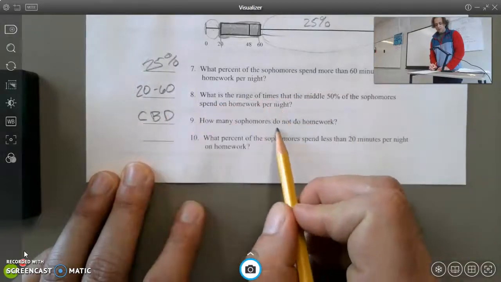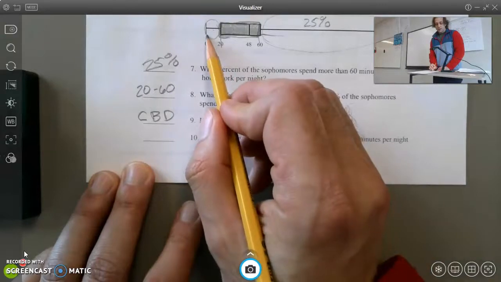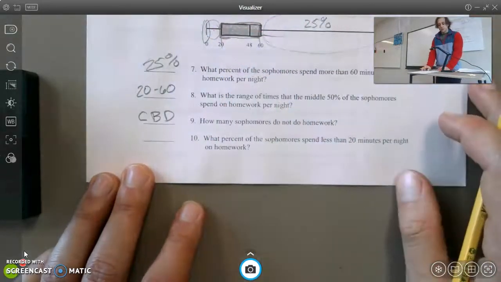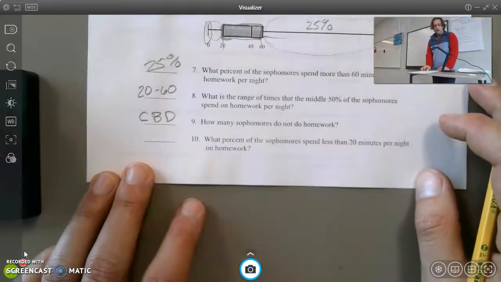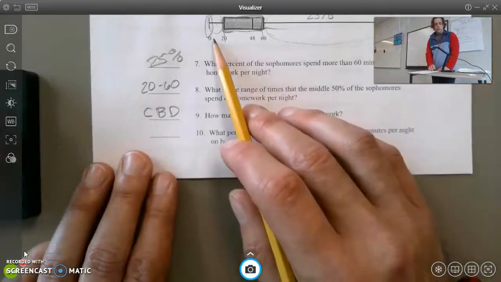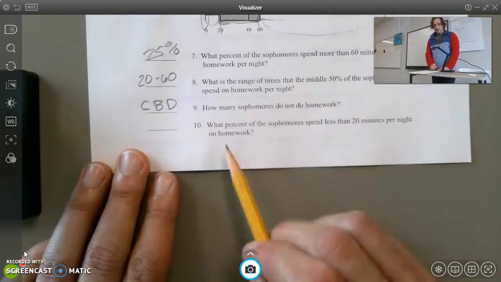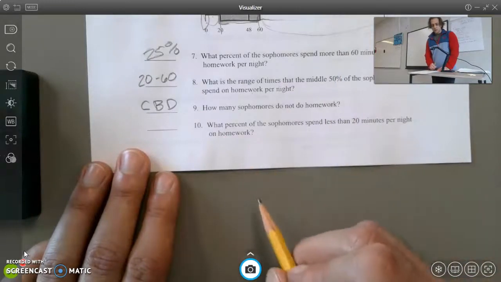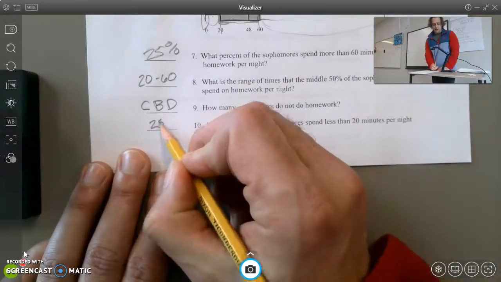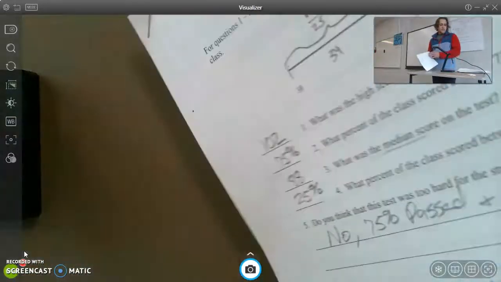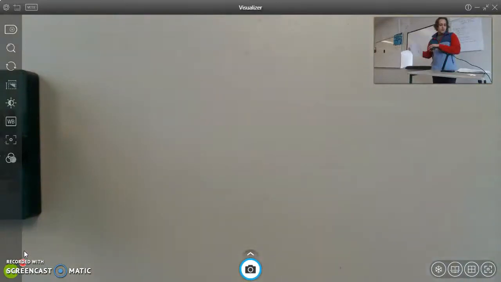I know that there is someone that's not doing homework, at least one, but I don't know how many there are, how many zeros there are here. What percent of sophomores spend less than 20 minutes per night on homework? And that's 25% of the sophomores.